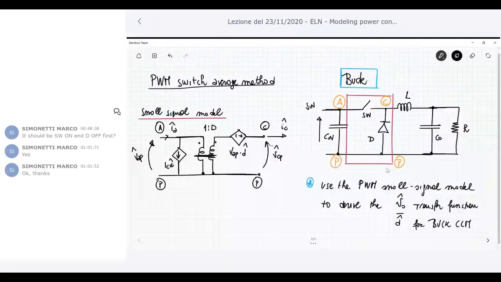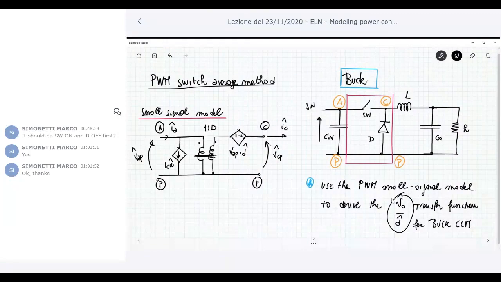I also highlighted in orange the nodes that are the active node, the common node, and the passive node. So my goal is to derive the control to output function, which is exactly this function here, V0 hat versus D hat in frequency, using this small signal model previously derived.